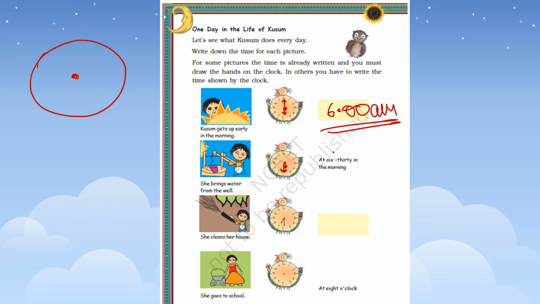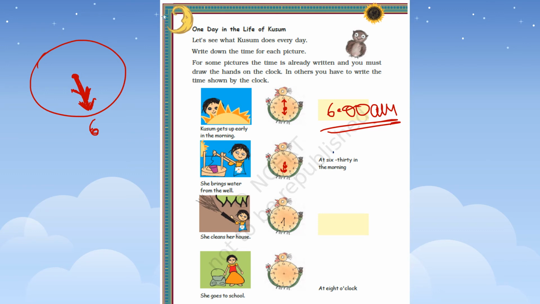If it is exactly 6:30, it will overlap at 6, because the hour hand at 6 means 6, and the minute hand at 6 means 30, right?